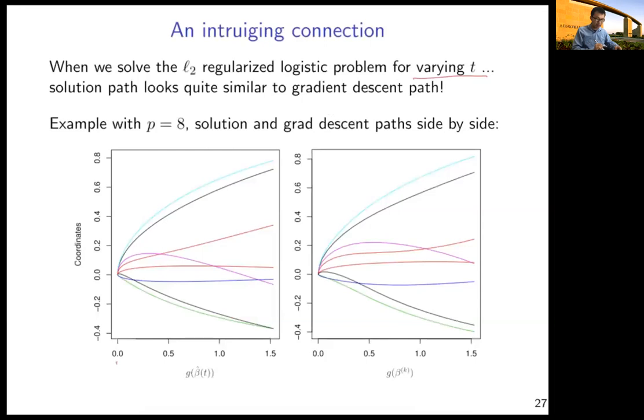G is a nonlinear mapping to make the figure look a little better, but you can think of these as monotonic or proportional to quantities that look like that. On the vertical axis, the different lines plot the trajectory as you change t and the corresponding optimal solution for that parameter t.